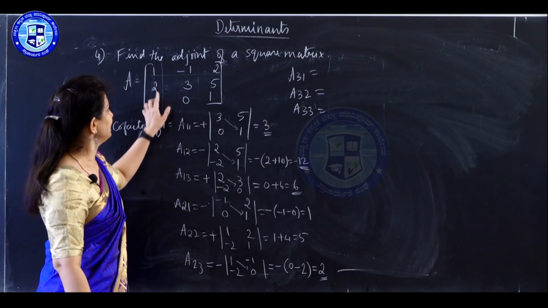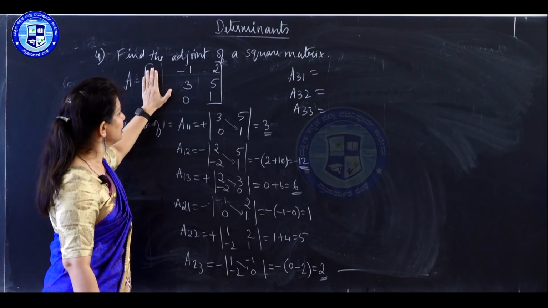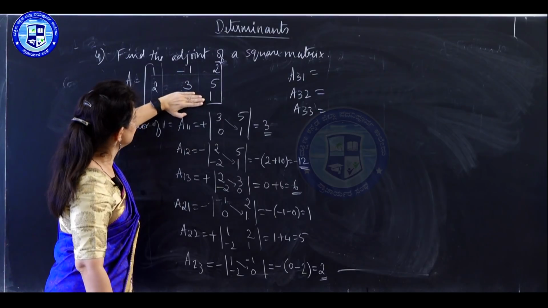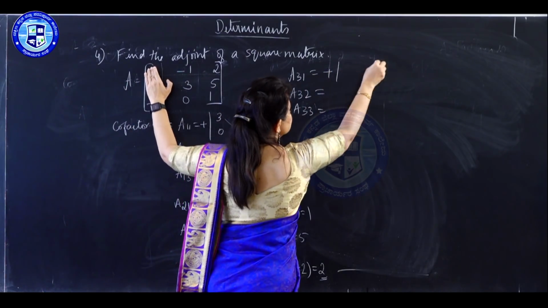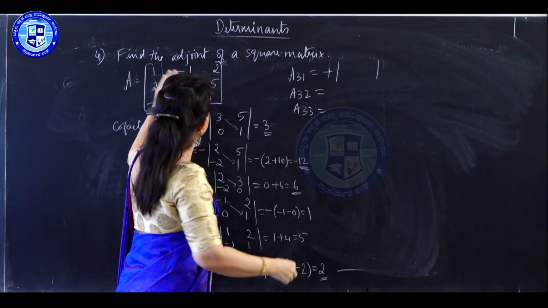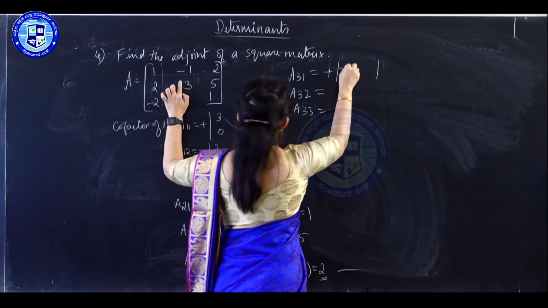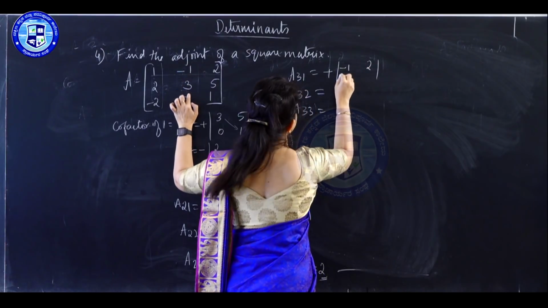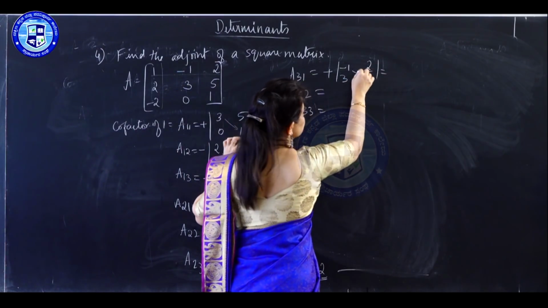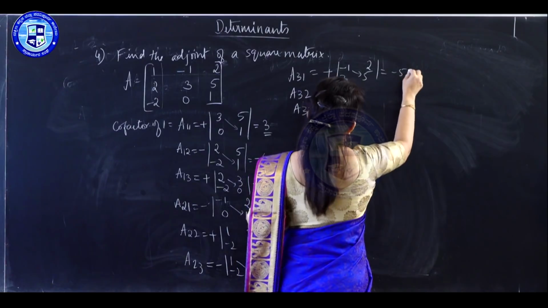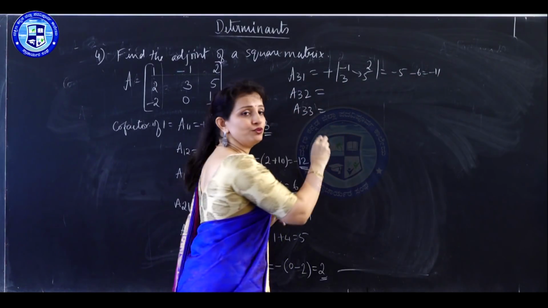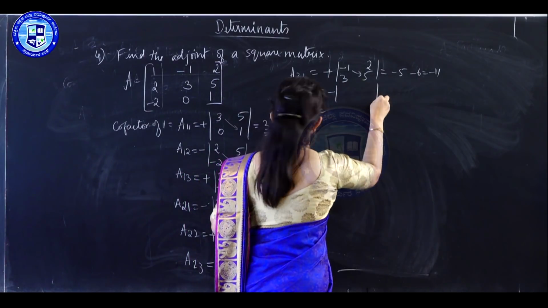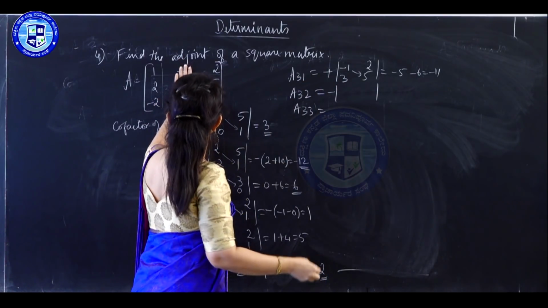Now, A31: 3 plus 1 is 4, so plus. Eliminating the third row and first column, we will have minus 1, 2, 3, 5. Cross multiply: minus 5 minus 6, which is minus 11. A32: 3 plus 2 is 5, minus sign. Delete the third row and second column.